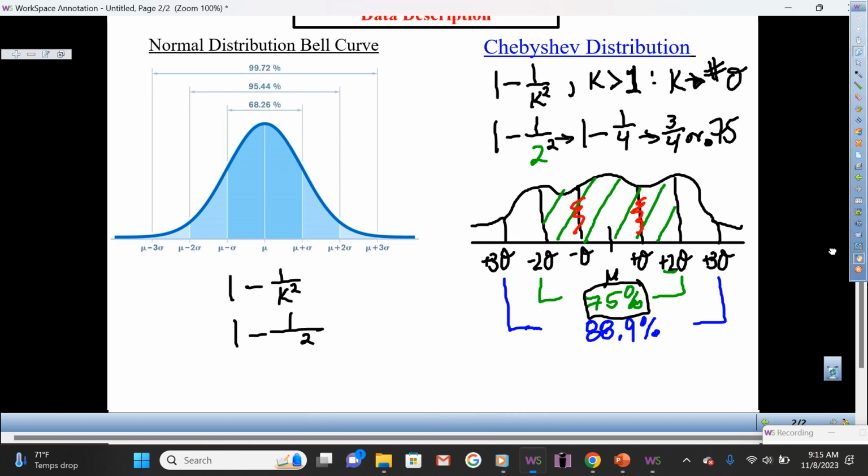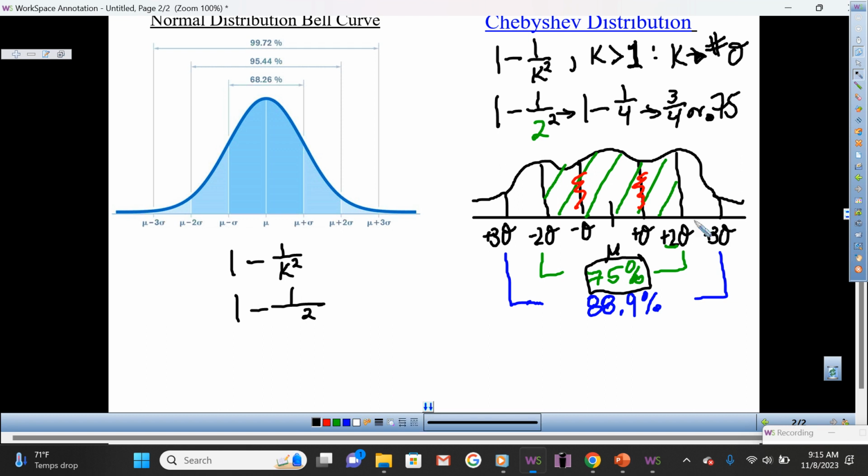What do we substitute for k, Jaden? 3, that is correct, because it says here k is the number of standard deviations. So we are in the third one right now. So this becomes 1 minus 1 over 9, which is 8 over 9. Let's see, calculators calculate.